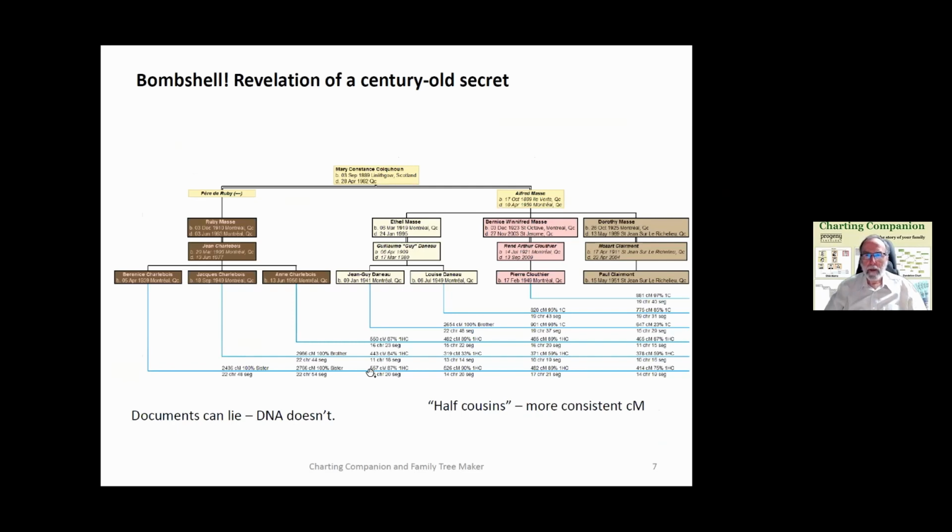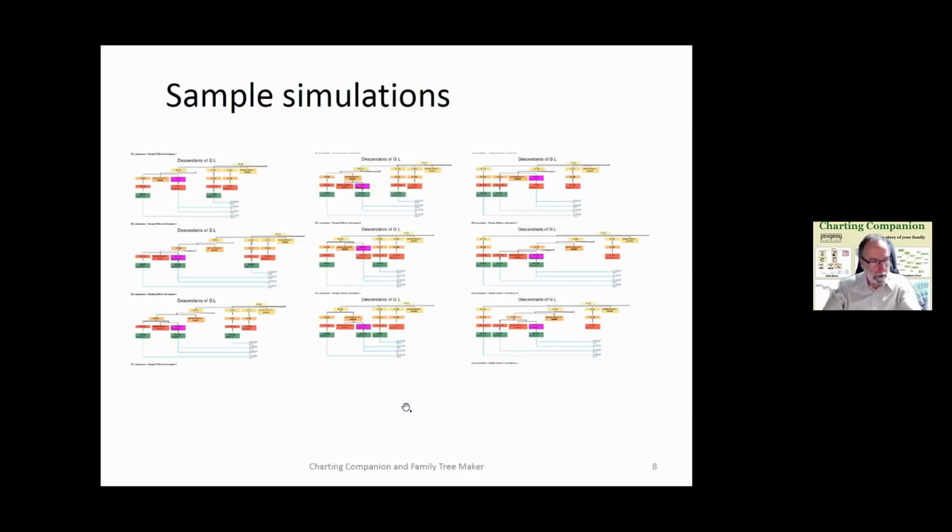Now, it's like a Ginsu knife commercial. You get the DNA matrix, and you also get another great feature with Charting Companion, called the DNA simulation. Oftentimes, and probably some of you have had this experience, the purpose of genetic testing is to help an orphan or an adoptee find his or her biological family.